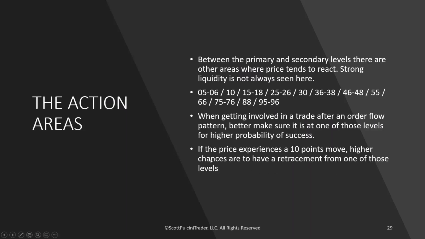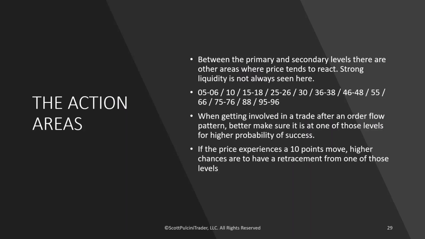So if we see a price experiencing a 10-point move higher, chances are to have a retracement from one of those levels. So if you see, for example, price going all the way from 10 up to 20 in one move, well, seeing a peak in volume at around 20, signaling also an absorption, that's where you see that you got a 10-point move, you got an absorption, you got your level.